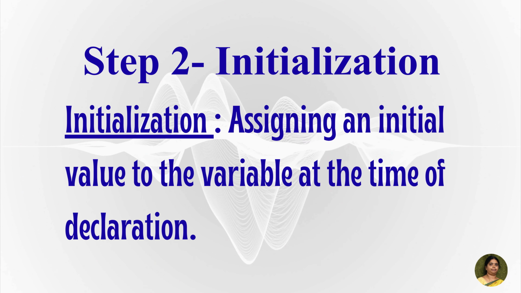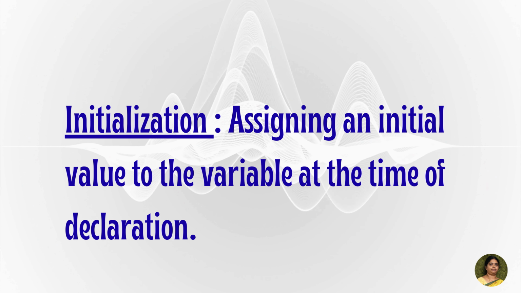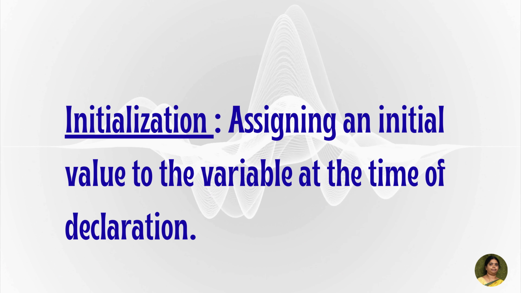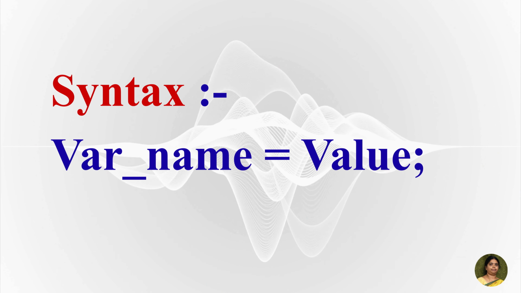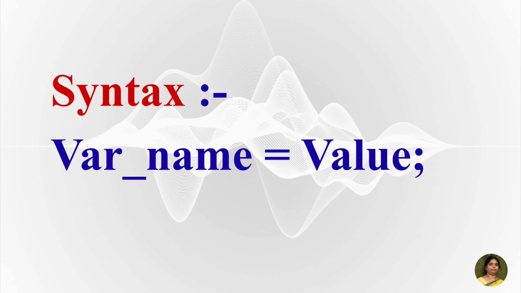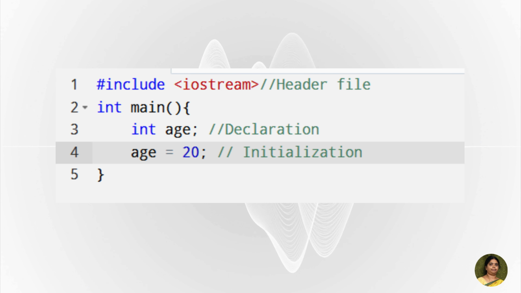Initialization, on the other hand, means giving a value to the variable. Like the variable name, we have given age, and for the value we will assume 12. So anything which is declared has to be initialized. The initialized value is 12.